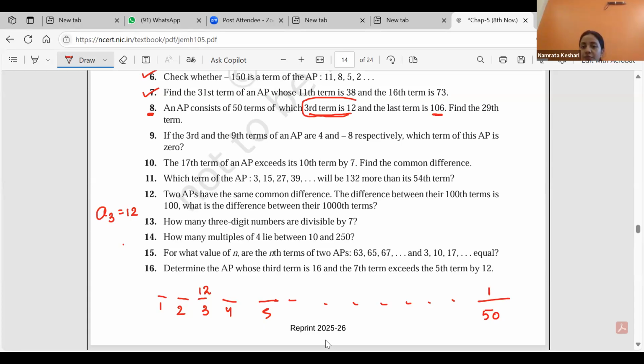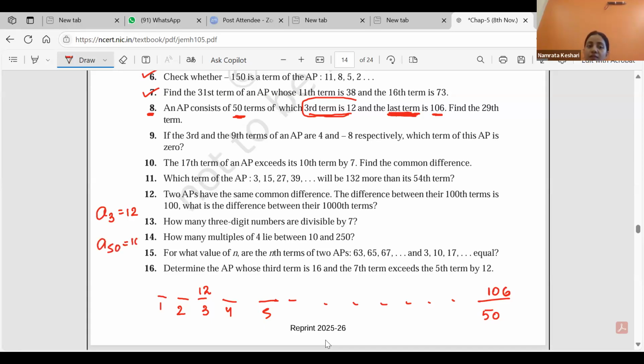Can we say this 50th term is 106? Yes, ma'am. If the last term is 106 and total 50 terms are there, of course the 50th term is 106. Your A50 is 106.